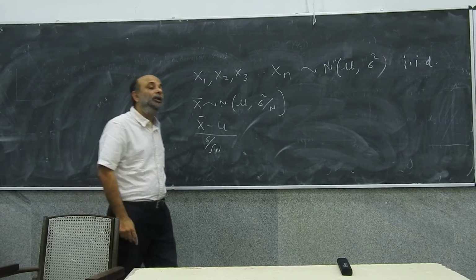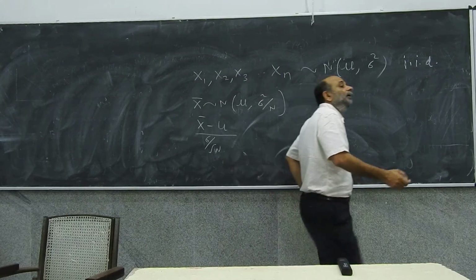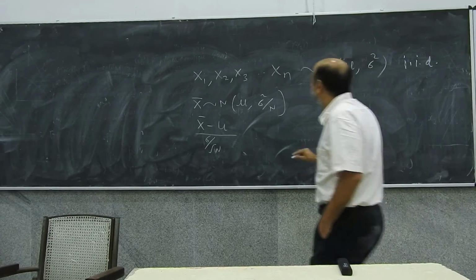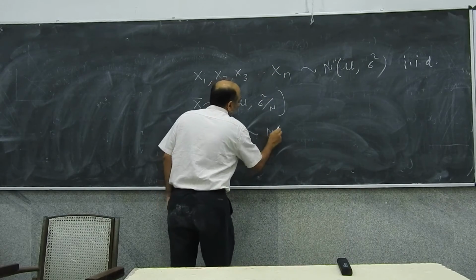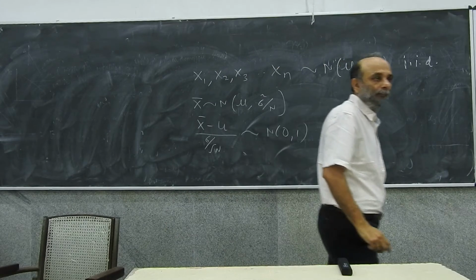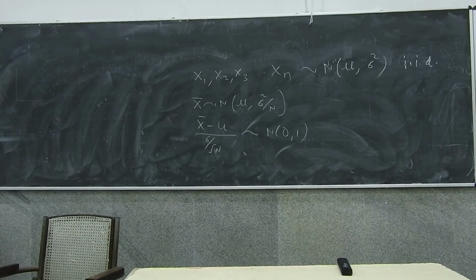So this is a normally distributed random variable minus its mean divided by the standard deviation. What distribution does such a normal variable follow? The standard normal, which would mean that this must be standard normal, right?